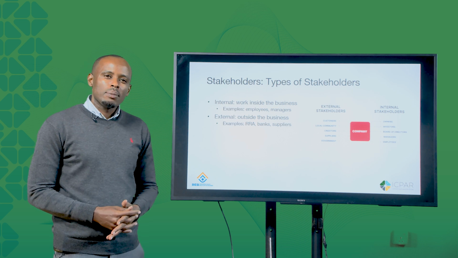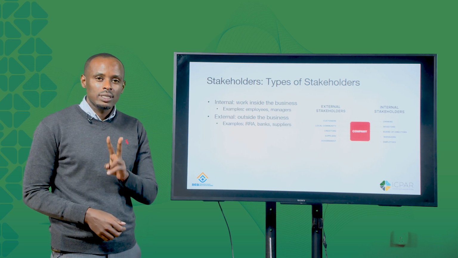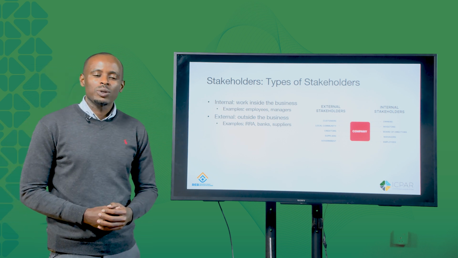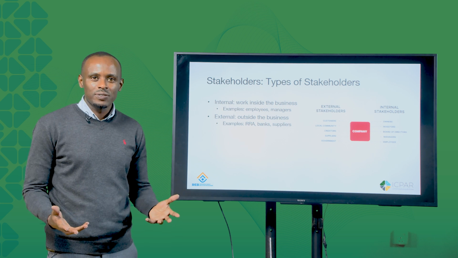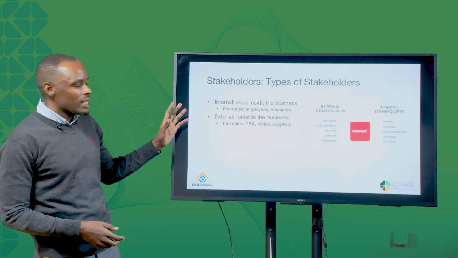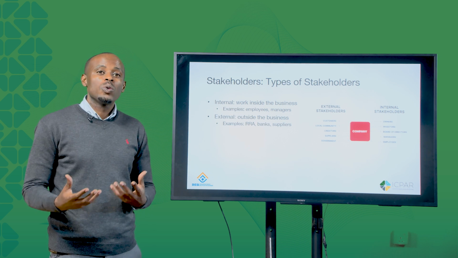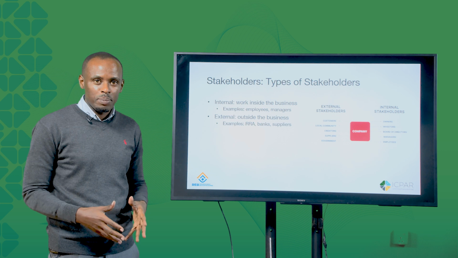Now, let's talk about the two main types of stakeholders. Number one, internal stakeholders, and number two, external stakeholders. How are they different? Internal stakeholders are those individuals or groups of people who actually work inside the business, within the company.